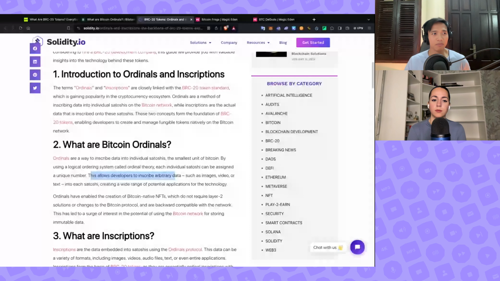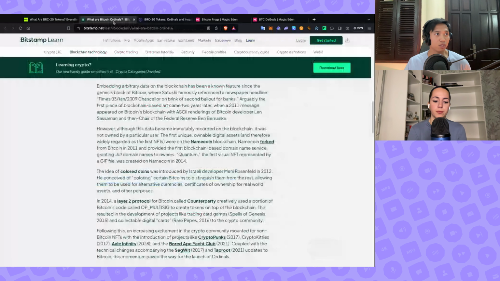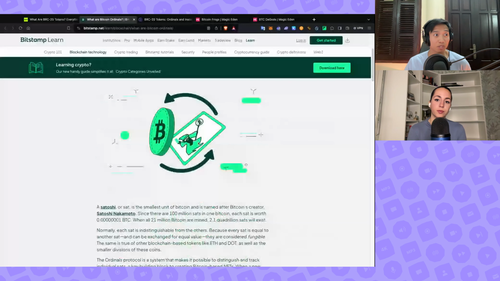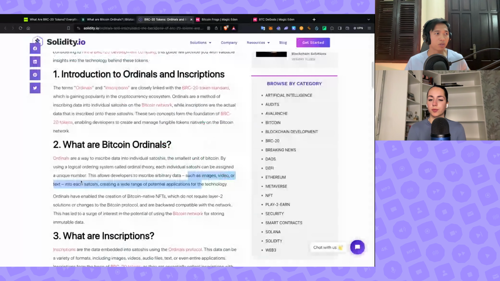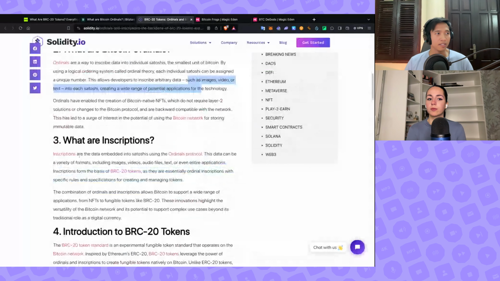You can inscribe images, videos, or text into each Satoshi, creating a wide range of potential applications. For example, you can inscribe this image here inside a Satoshi, which is the smallest unit of Bitcoin. Inscriptions are the data embedded into a Satoshi using the ordinal protocol, and this data can come in a variety of formats.